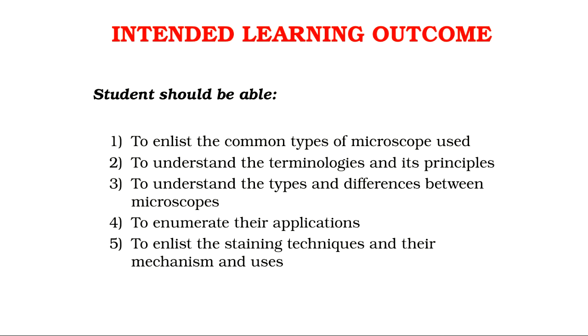So the intended learning outcome of this lecture is to enlist the common types of microscope. You should know the names. You should understand the terminologies, its principles, and you should know the types and differences between microscopes, and to enumerate their applications where you can use this microscope, and to enlist the staining techniques and their mechanism and use.